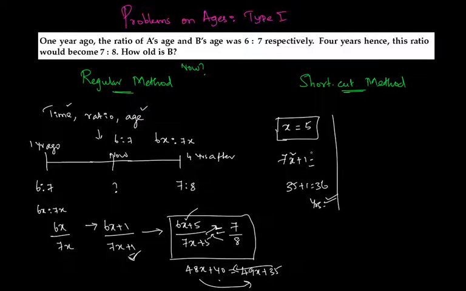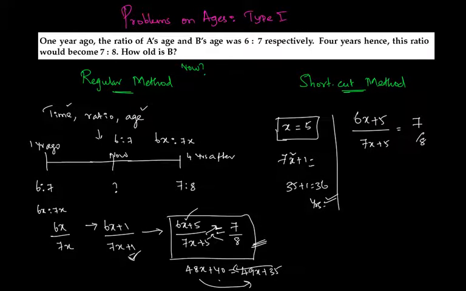So let's use the shortcut method to solve the same problem. So till this step, right, everything is the same, but how we deal with this relation is crucial here. Okay, so let's write this: 6x plus 5 divided by 7x plus 5, this is equal to 7 by 8.